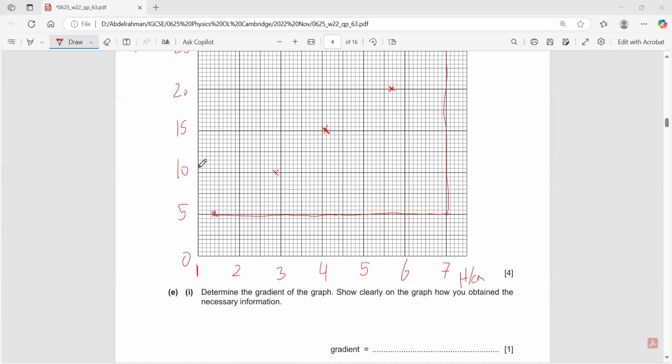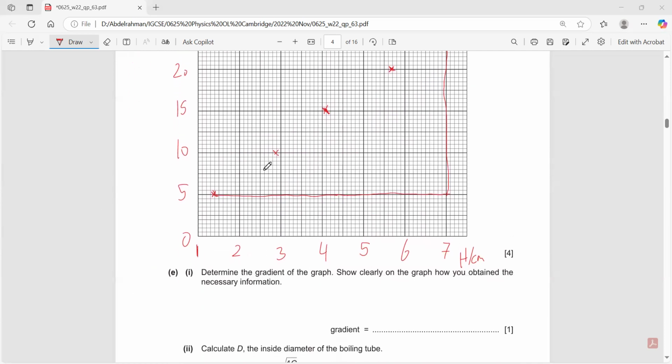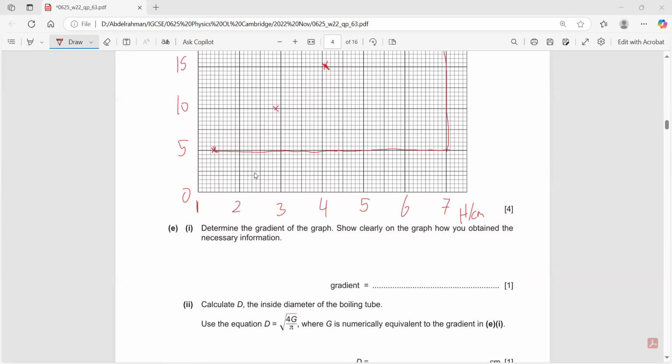The gradient would be 25 minus 5 over 7 minus 1, which is 20 divided by 6, giving 3.57. This is the gradient.